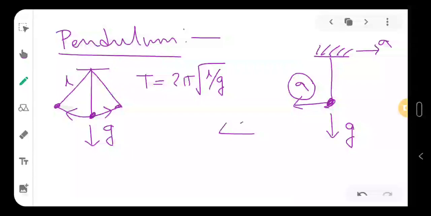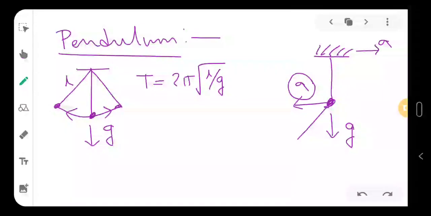Like previously we have talked about the pendulum. If we just pull it upward with acceleration a, then the bob will have inertial acceleration a in the downward direction also along with g. As a result, tension will increase. So the same kind of situation will occur here. In that case, there will be two accelerations right now.